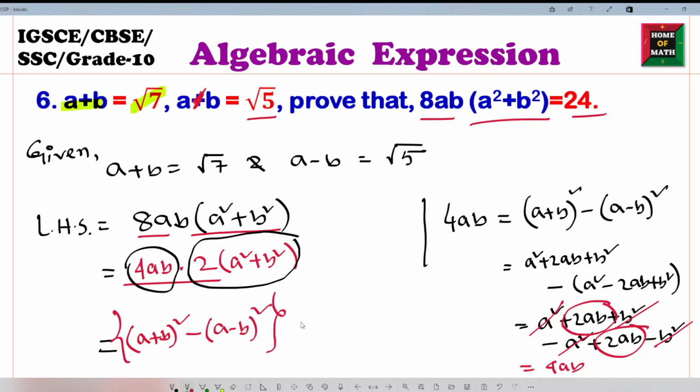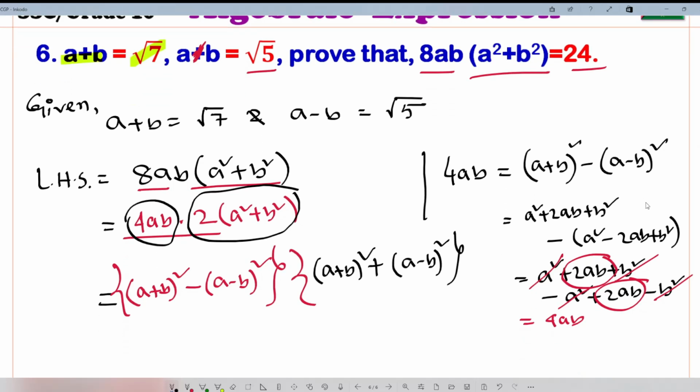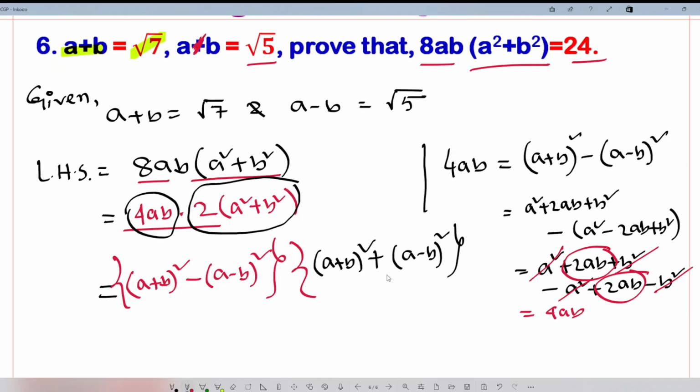And we make a bracket, and now 2 times a square plus b square. This one we can write as a plus b whole square plus a minus b whole square. Why this one? Because once we make plus here, we get like this.